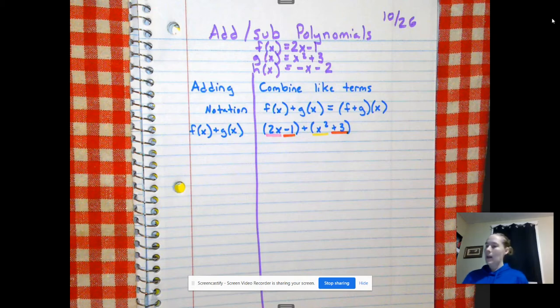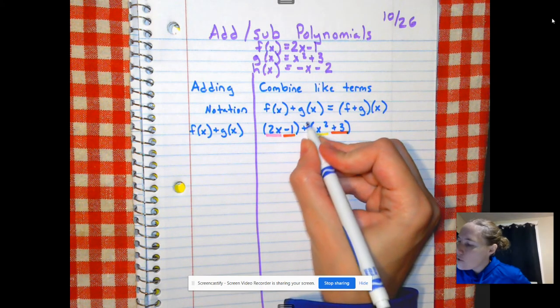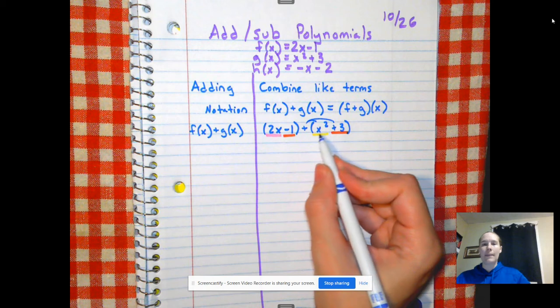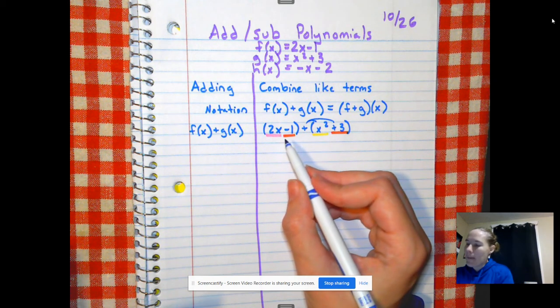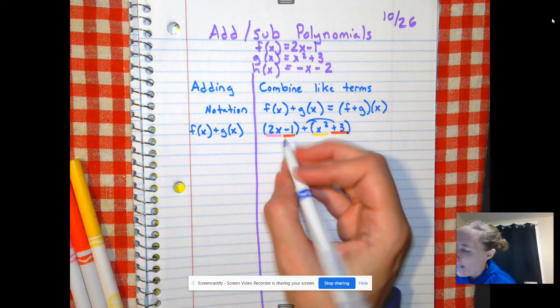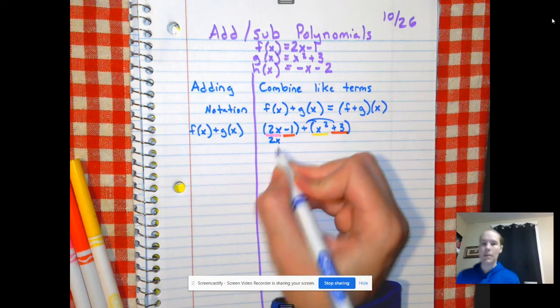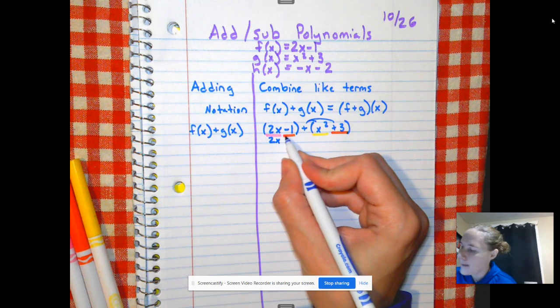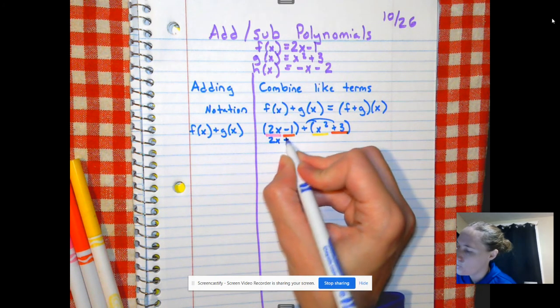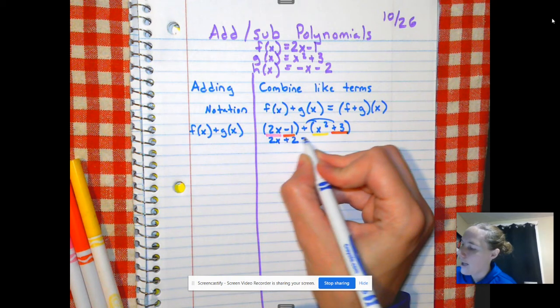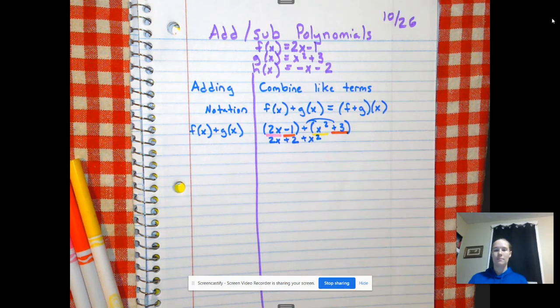So I have this plus, so that means if I distribute that plus, I'm still adding everything here. So if I combine like terms, I have 2x, because that's the only pink. Then I have the minus 1 plus the 3, which gives me plus 2. And then lastly, I have plus x squared.